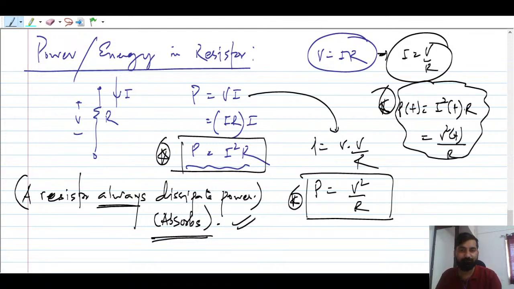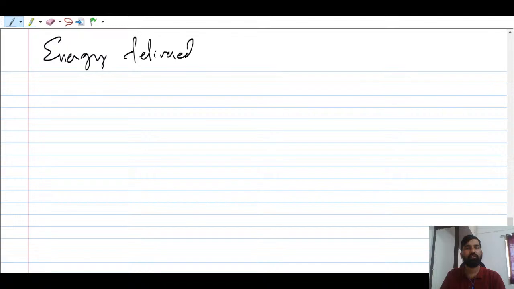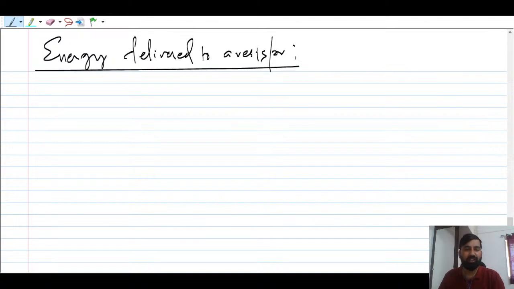If I talk about energy delivered to the resistor, the energy will be delivered in a certain interval. In the question they will specify the interval, so energy can be computed.